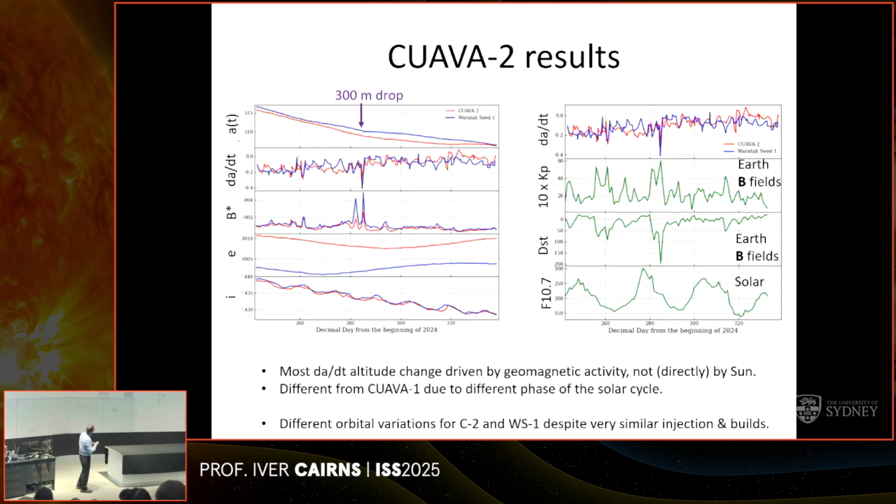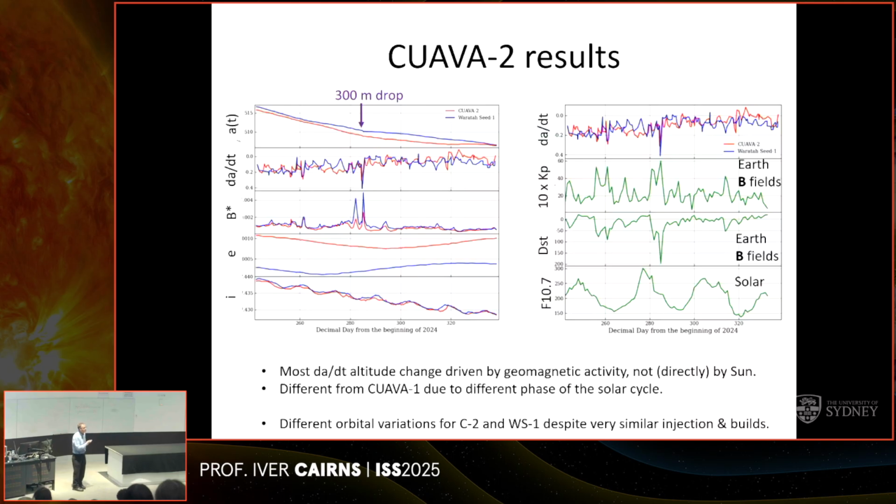So for CUAVA 2, which is in space now, about 5 years after INSPIRE, you can see a very different behavior. In particular, solar activity directly is not very important, but local geomagnetic activity is.